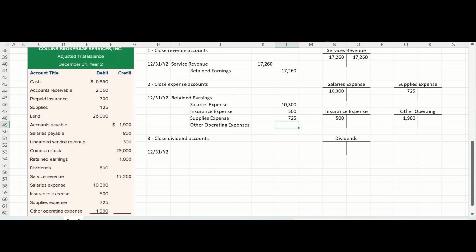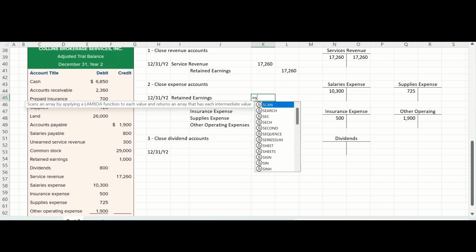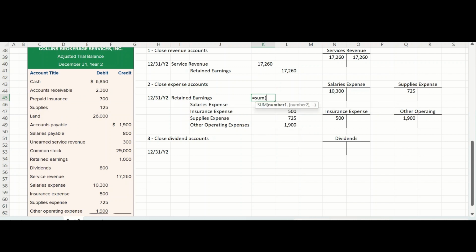Supplies was $725, and other operating expenses was $1,900. The total expenses being debited to retained earnings is $13,425. And so after that, we have balancing credits and debits in these accounts. Therefore, their balances are zero.